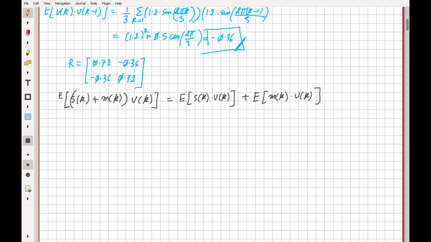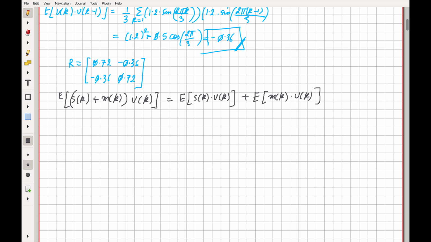Now, as you have seen in the previous videos, we talked about how two independent signals cancel out or average out over time to 0, and that's exactly what we are going to use here.